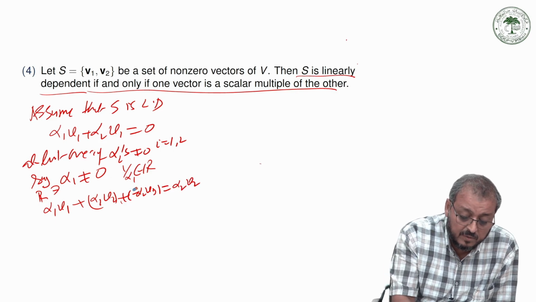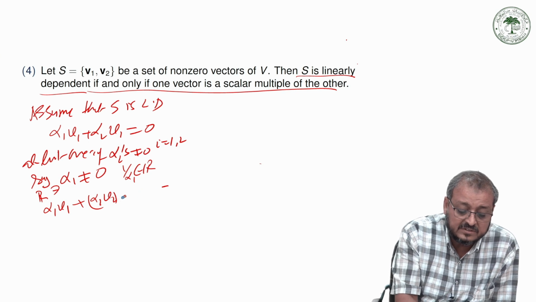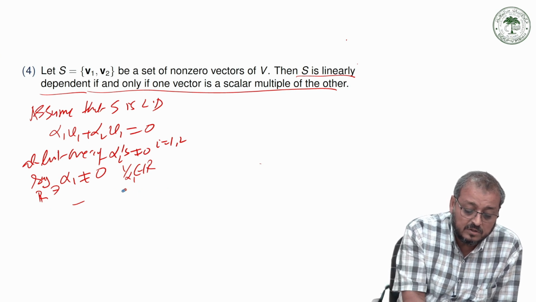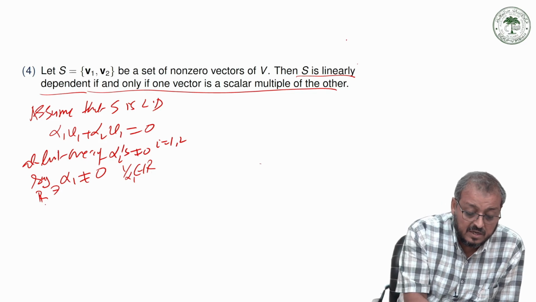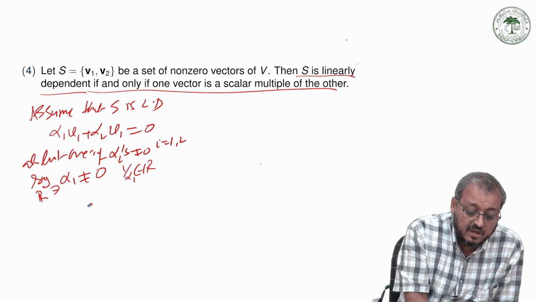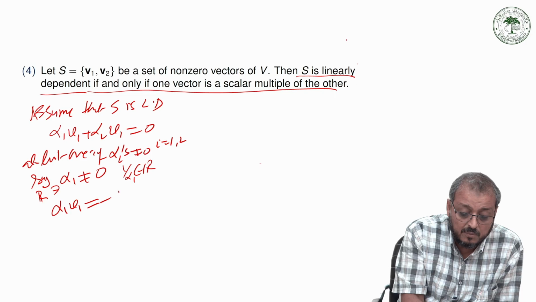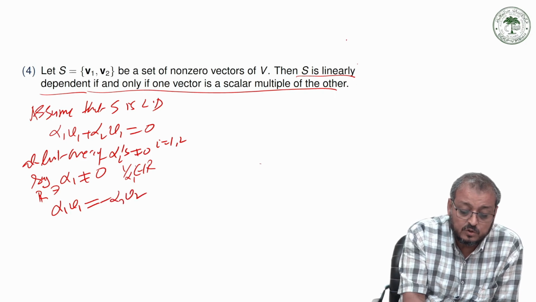Since alpha 1 is not equal to 0, multiply by 1 upon alpha 1.